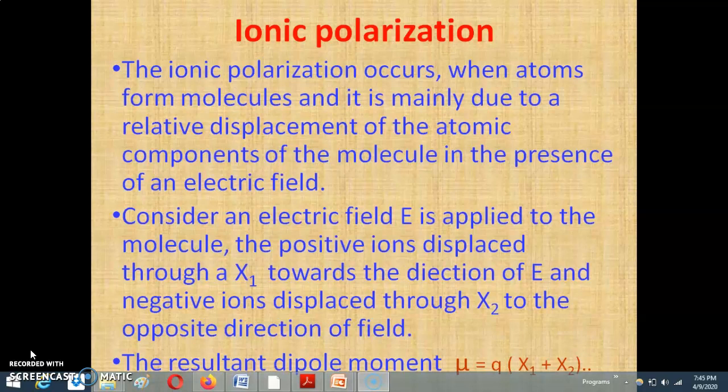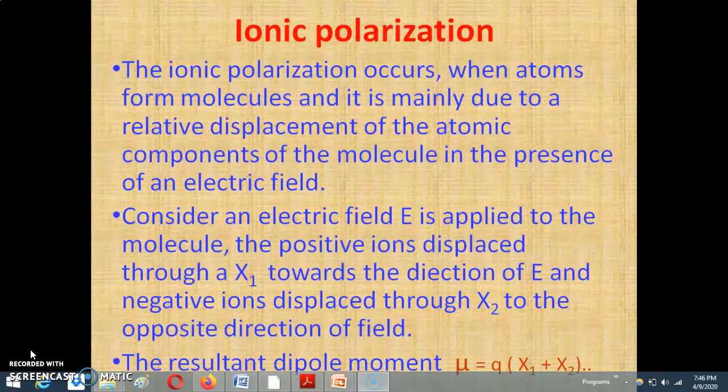The electron accelerates towards the positively charged plate, and the positive charges tend to move towards the negatively charged plate. So we apply the external electric field, E.